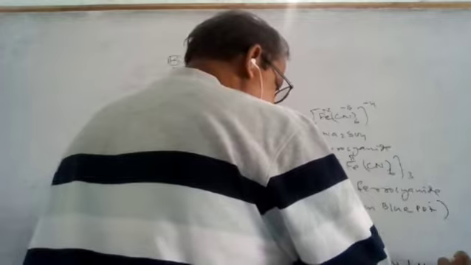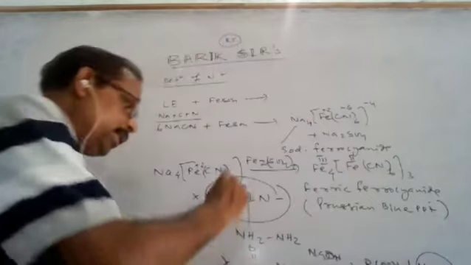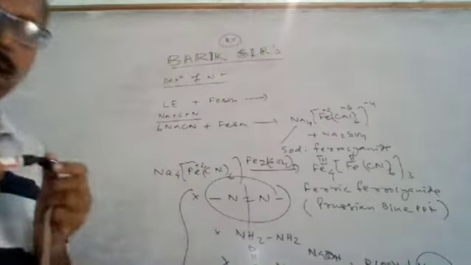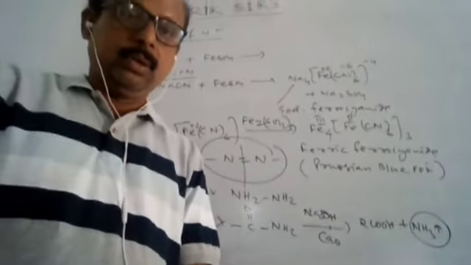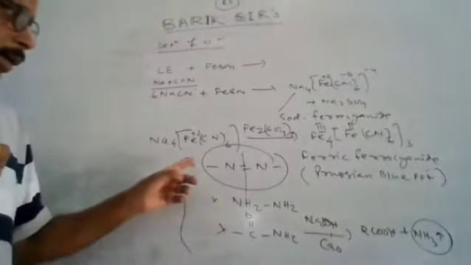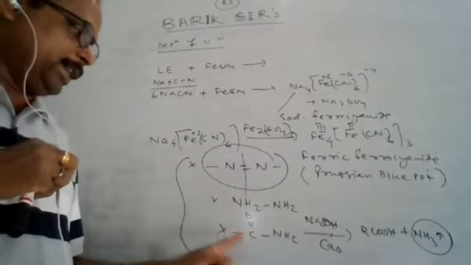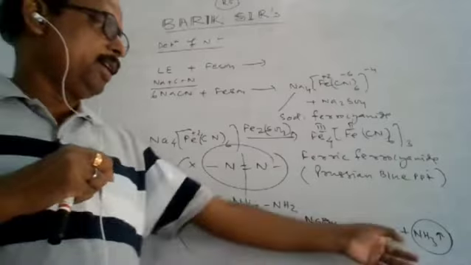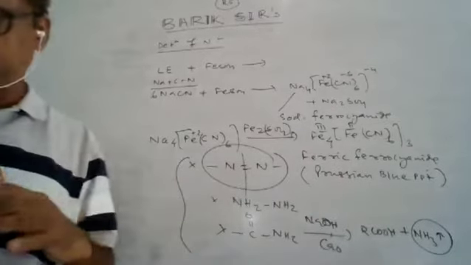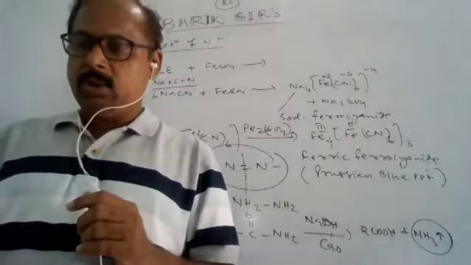So that is another method, but by Lassaigne's extract these functions are not detected. That is for your understanding, you have to remember. So the azo group, hydrazine and acid amide are not detected by this Prussian blue precipitate formation.